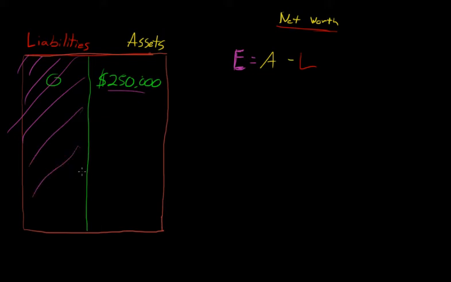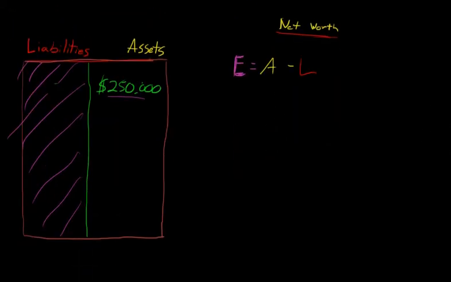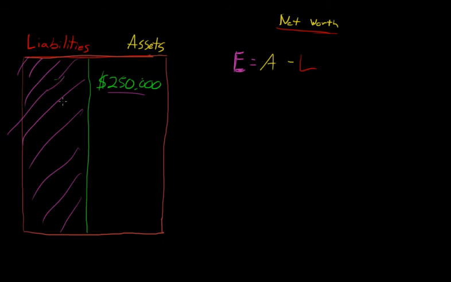So this entire block is $250,000, and that's my equity. I think I'll get rid of that 0, it's a little confusing. I'll just say that my equity is equal to $250,000, which is equal to my assets, and that my liabilities are equal to 0. I'll write it that way.